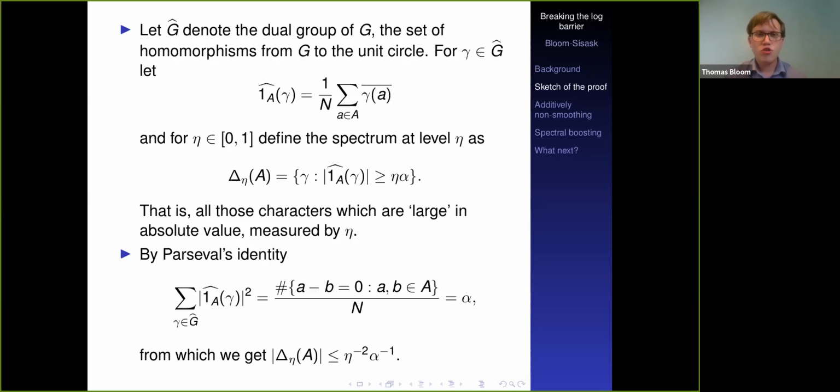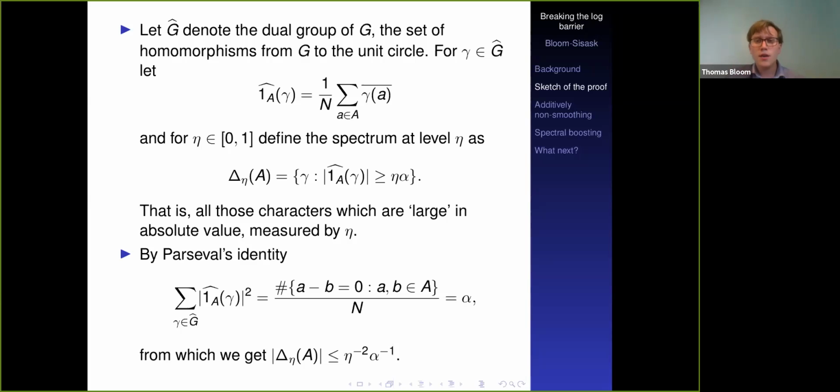And what is a trivial upper bound for the size of this Fourier transform? If I use the triangle inequality, I get a trivial upper bound of alpha, right? The absolute value of gamma of a is always 1. So the Fourier transform of A at gamma is always going to be at most alpha in absolute value. That leads me to make the following normalized definition.